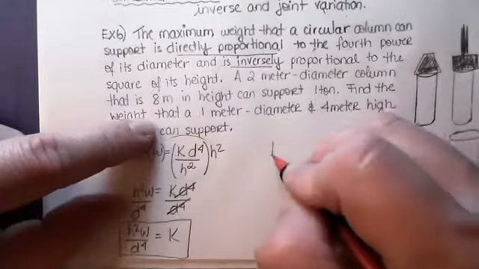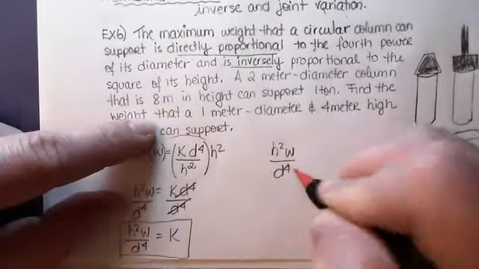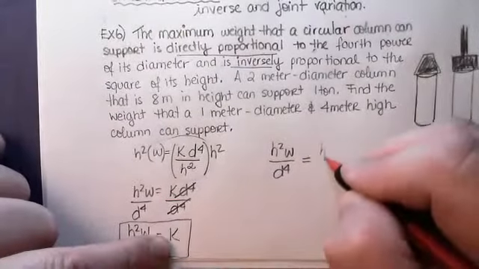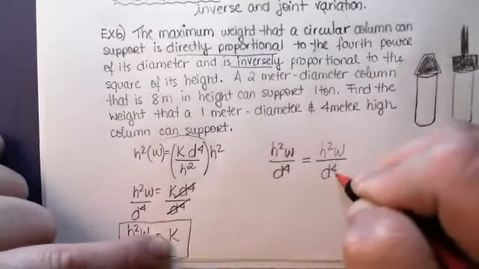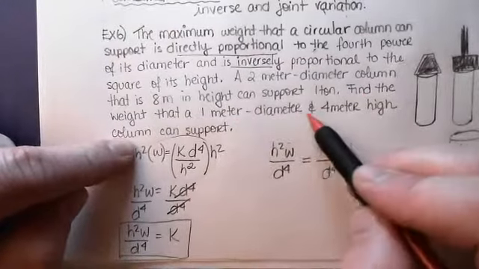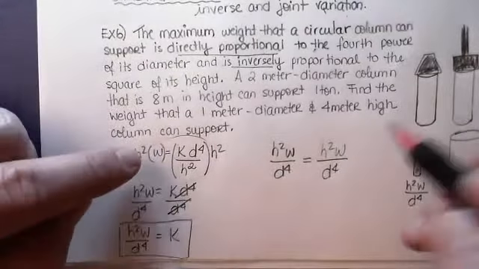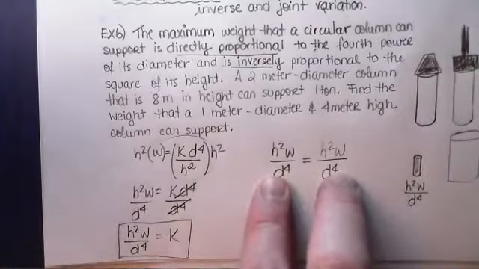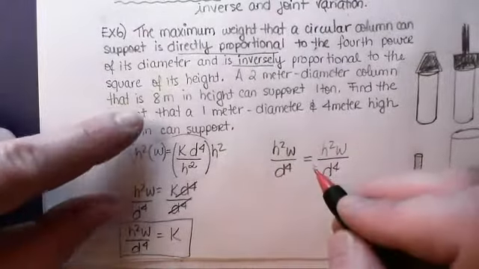So in other words, I have one situation that can be represented by this, and because this is always constant, I can compare that to another situation that the problem is going to talk about. The other situation would be to find the weight that a 1 meter diameter and 4 meter high column can support. So basically, on all these problems, you're going to have two situations, and all you have to do is plug it in and see what value is missing.